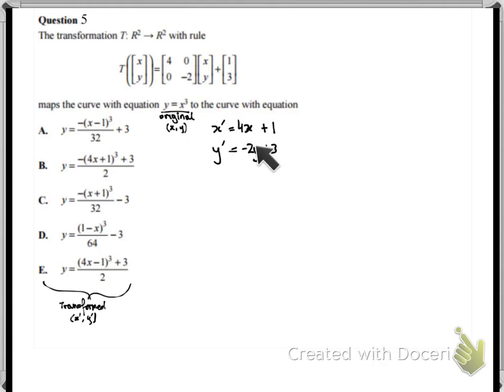To apply these rules, we have to transpose for the original x and original y. So transposing for x and y gives us these equations here. Very good. Now, these become substitution equations we put into our original y equals x cubed.